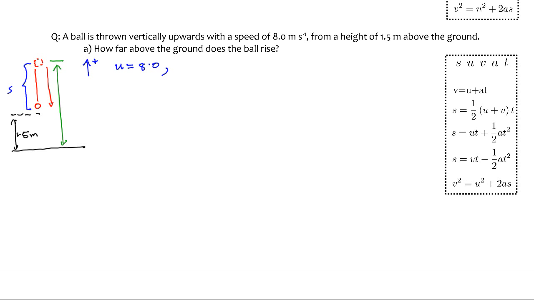I'm considering the motion from the point it was released until it reaches the highest point. It will slow down from the moment it was thrown up, and it will come to a momentary stop at the top. So the final velocity at this point would be 0.